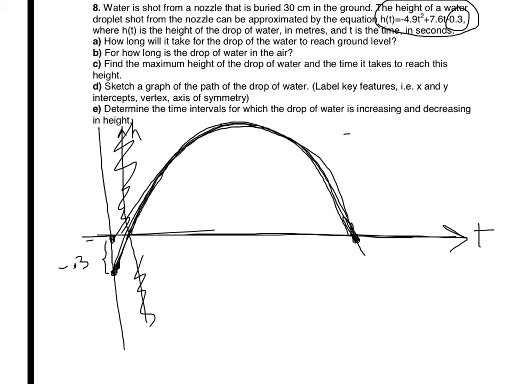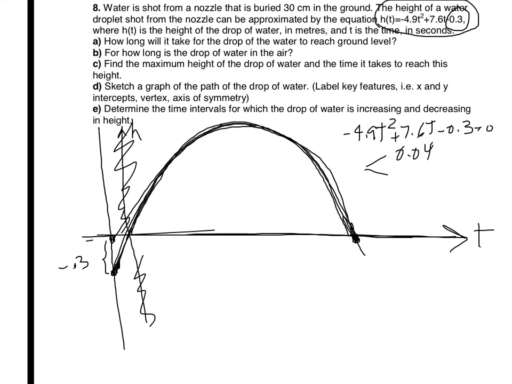So I have to solve negative 4.9 t squared plus 7.6 t minus 0.3 equal to 0. Now, I'm not going to go through the quadratic formula. You've already seen enough.